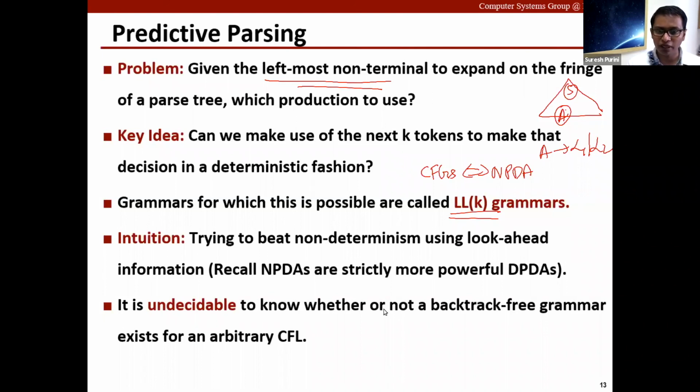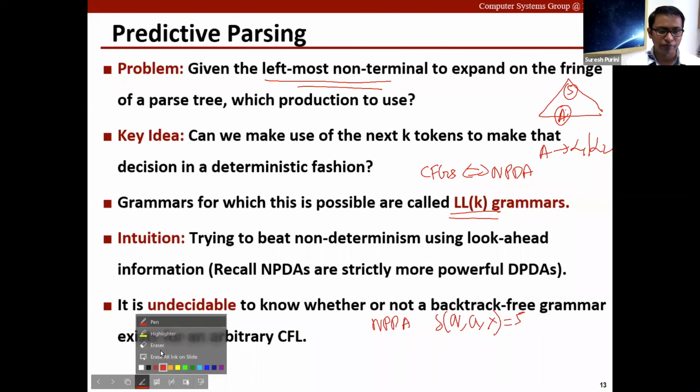For example, think of a non-deterministic PDA and its transition function. If Q is the current state the PDA is in, the current input symbol is A, and X is on the top of the stack, then there could be two possible outcomes.